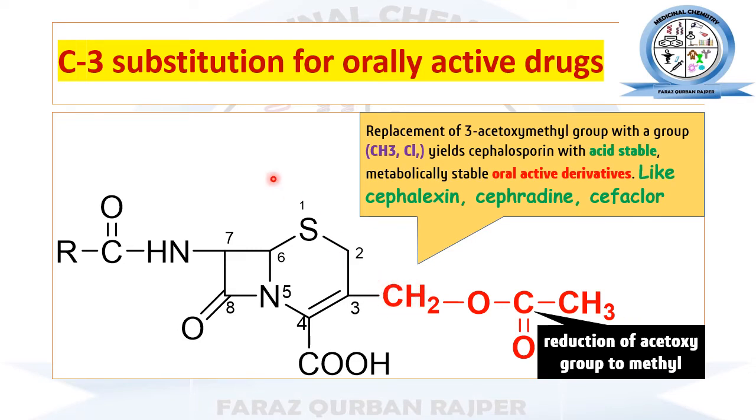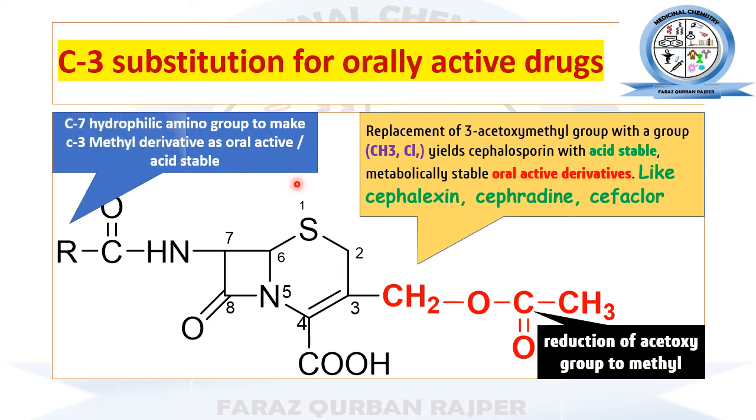There is data that for the C3 methyl cephalosporin to be compatible with oral formulation, we must have a hydrophilic functional group in the chemical structure. That hydrophilic group is substituted at the C7 position. An amino group is added. The amino group at the C7 position makes the C3 methyl cephalosporin more acid stable and more orally active.